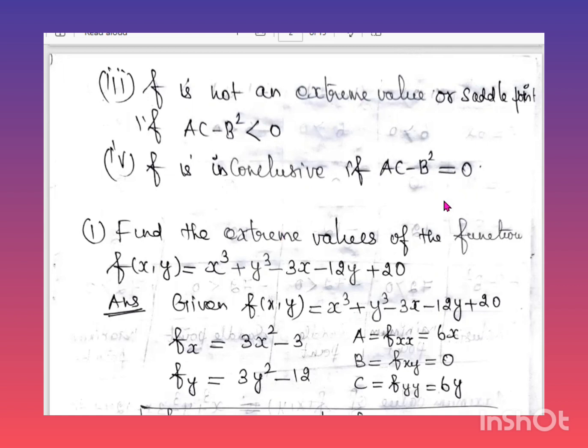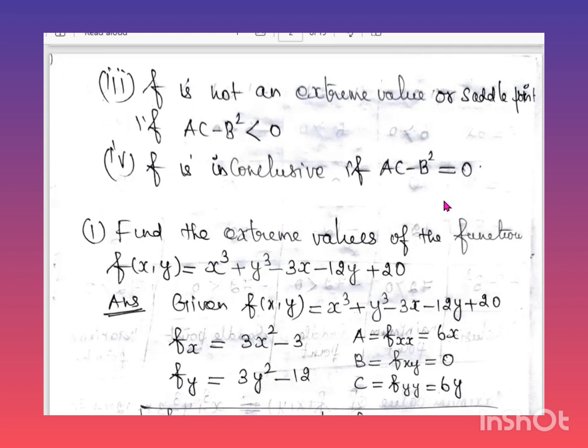So when we will find maximum or minimum, if ac minus b square is greater than 0. If ac minus b square is greater than 0, then only we will go for if A is less than 0, that is a maximum. If A is greater than 0, that is a minimum.